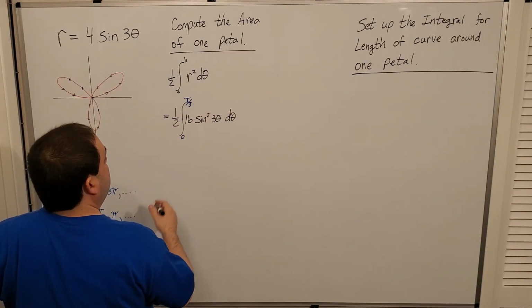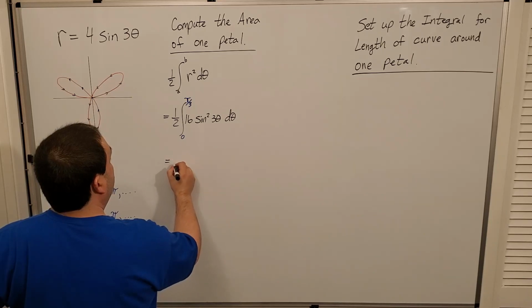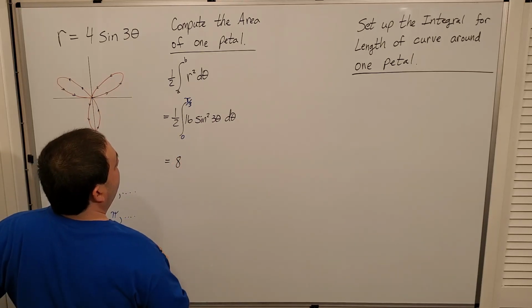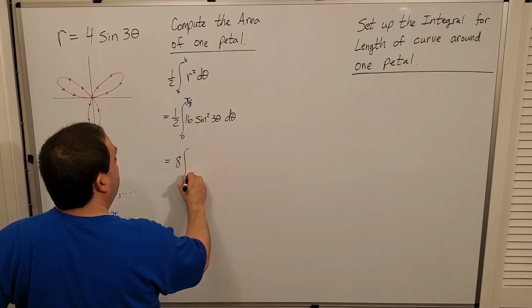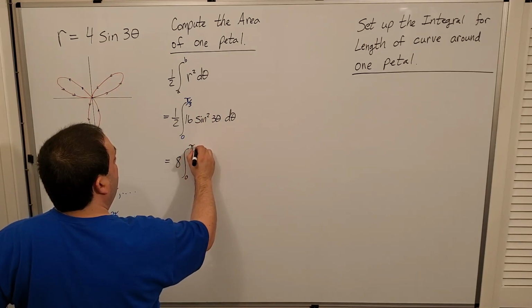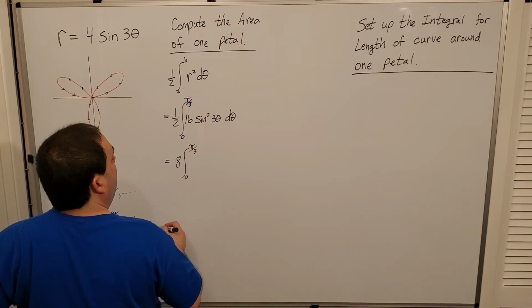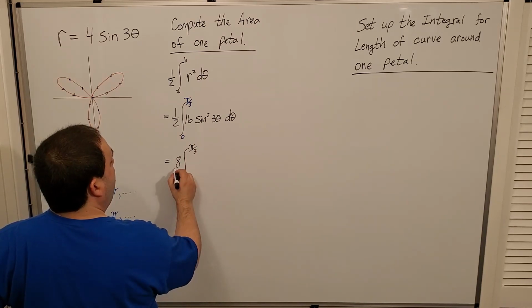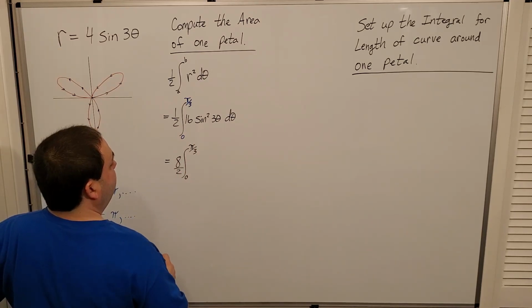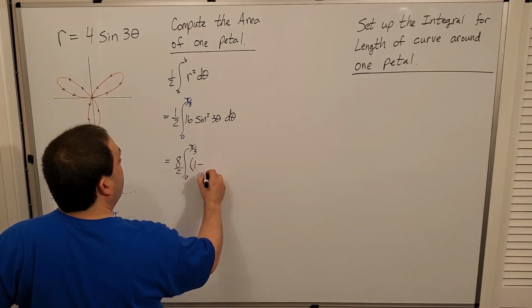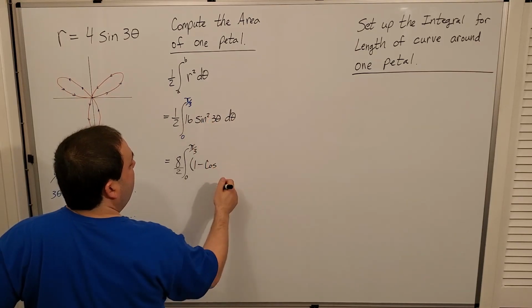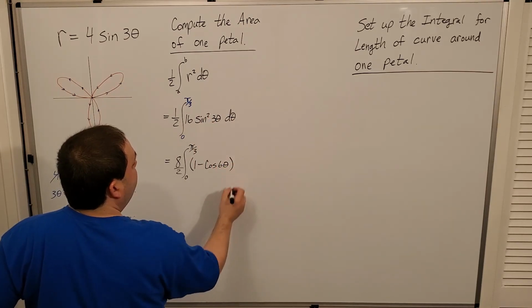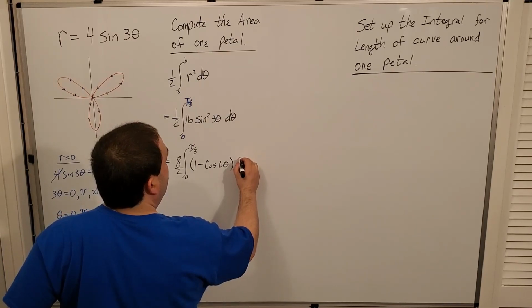I'm going to pull my 16 out. 16 times a half is the 8. And then how do I integrate a sine squared? I have to use the power reduction formula, which is going to pull out a 1/2 again. So I'm going to have 8 over 2 times 1 minus the cosine of double the angle. Double 3 theta is 6 theta, d theta.